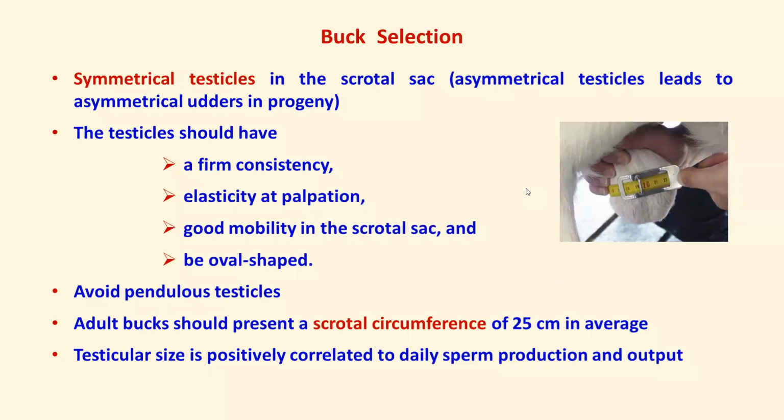And why are we seeing so many parameters about the scrotum and the testicle? The testicular size is positively correlated to daily sperm production and output. Okay, there is a positive correlation. That's why we focus on testicular size, because the sperm production and output is positively correlated to testicular size.